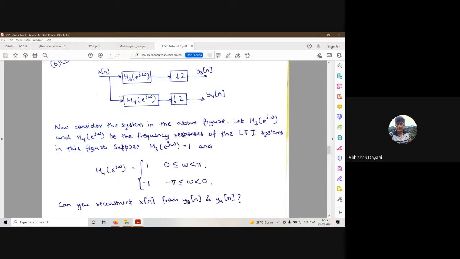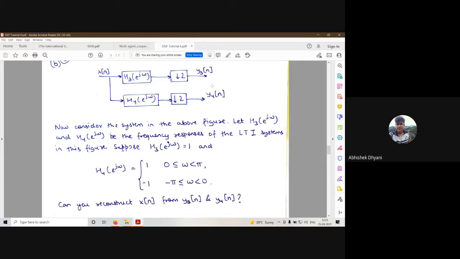For h4 e raised to the power j omega, its magnitude is equal to 1 from 0 to pi, and for omega from minus pi to 0, the magnitude is minus 1. Then they are passed through these two downsamplers of 2. That gives us y3 n and y4 n.